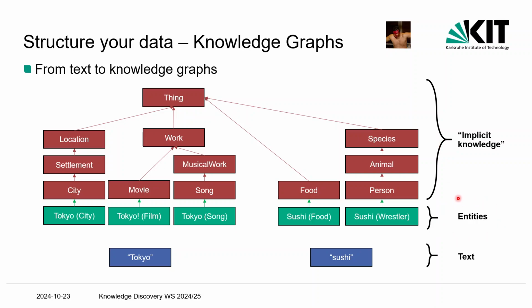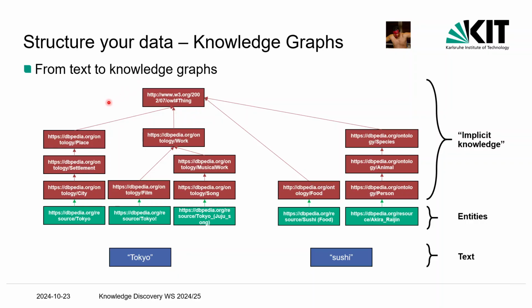Now then, as you see here, I wrote them all down relatively nicely with thing, work, but in practice, all of these words here are represented by so-called URIs. Here we see, for instance, w3.org/so-and-so OWL thing.